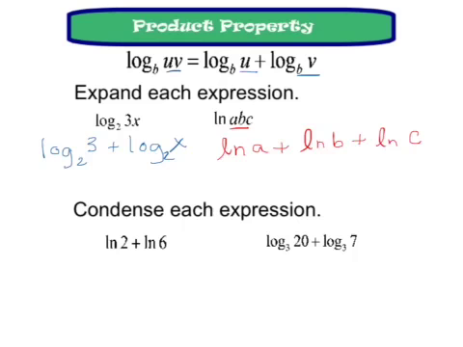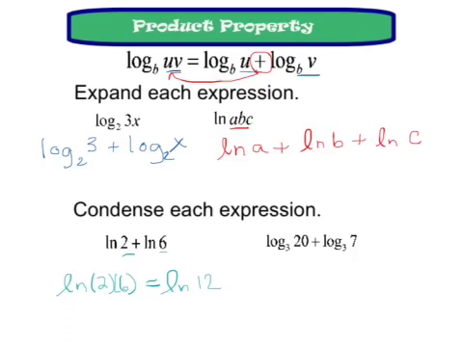We can also go the opposite direction. We can condense expressions. In other words, we can take this addition and turn it back into multiplication. So for example, if I see the natural log of 2 plus the natural log of 6, I can change this to the natural log of 2 times 6 or the natural log of 12.